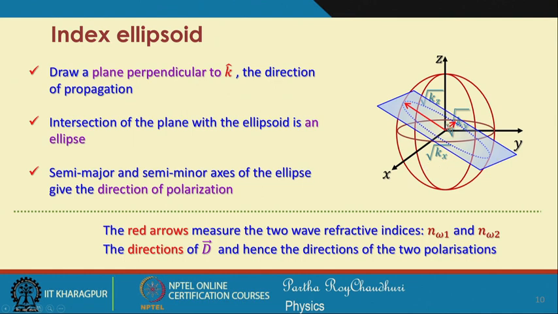So, these are the directions of polarizations, and this will give us the values of the refractive indices. So, the red arrows measure the two wave refractive indices n omega 1 and n omega 2. The direction of D, and hence the direction of the two polarizations, are also indicated by the direction of the red arrows.